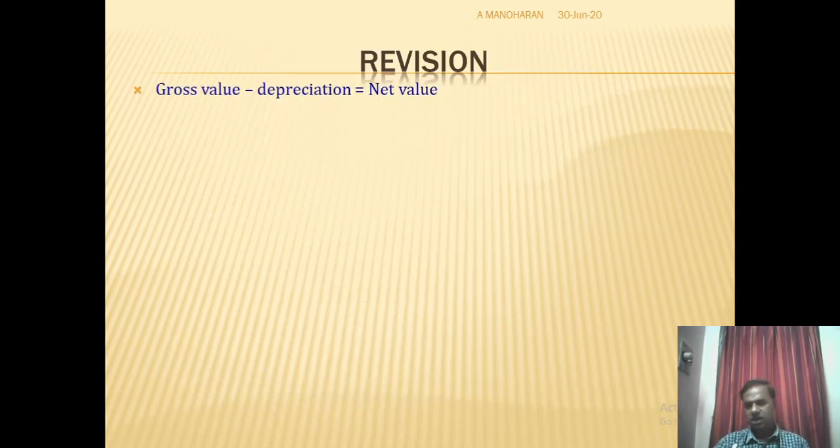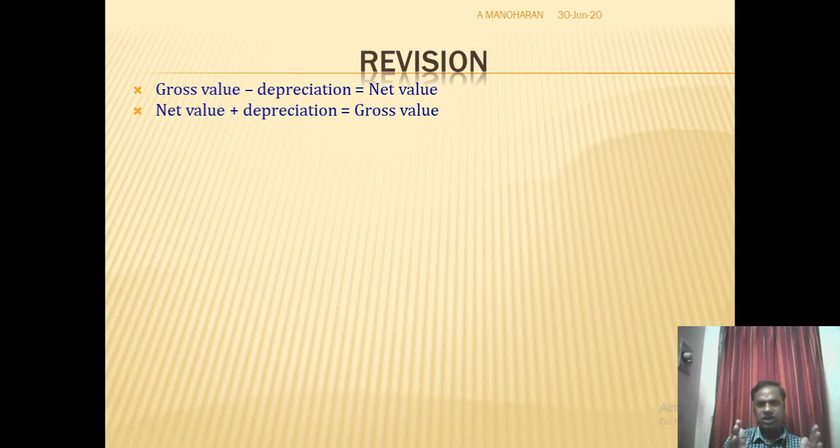I just want to revise the things which we studied in the last class before calculating the value added. Always keep in mind that the difference between gross value and net value is depreciation. So the gross value minus depreciation is net value, and the net value plus depreciation is gross value.